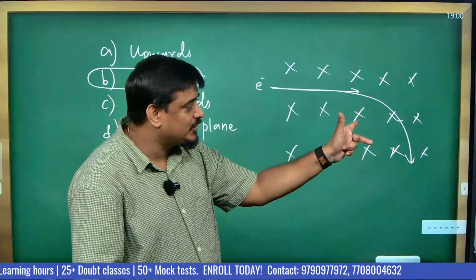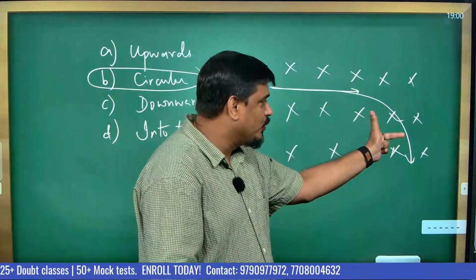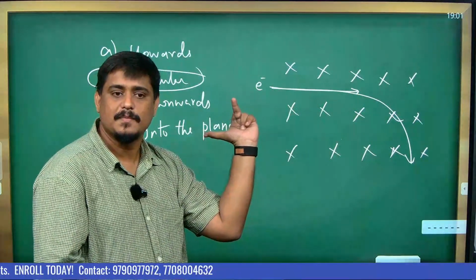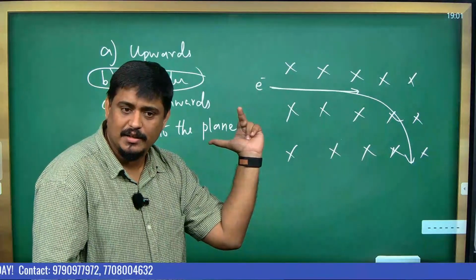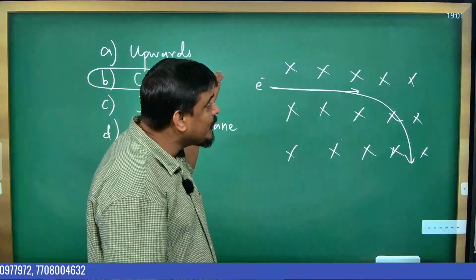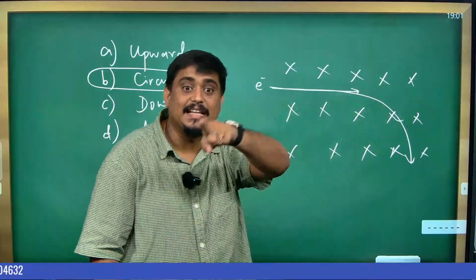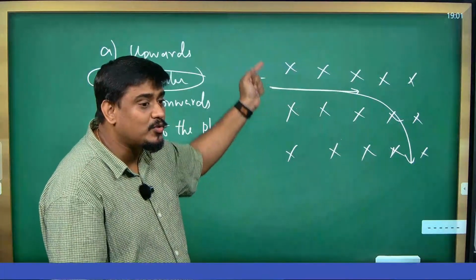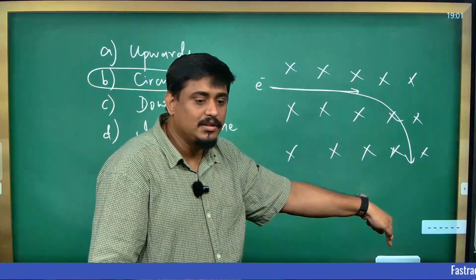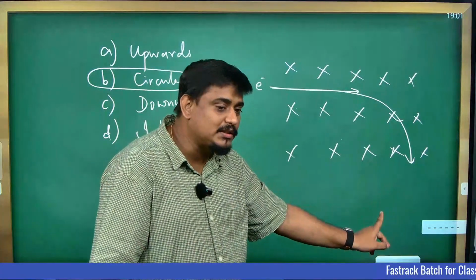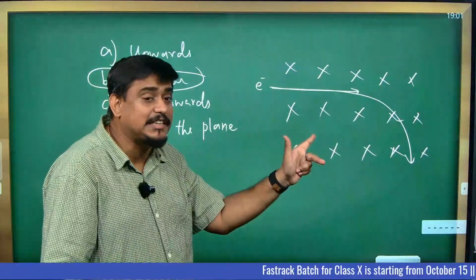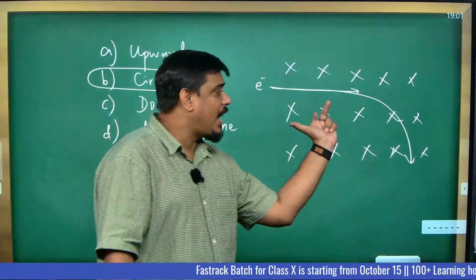See the direction of force now: magnetic field into the plane, current upwards, force towards left. When the electron was going towards right, the current was going towards left. If the electron is going down, the current will go upwards. The force direction will change. Force will now act towards left.